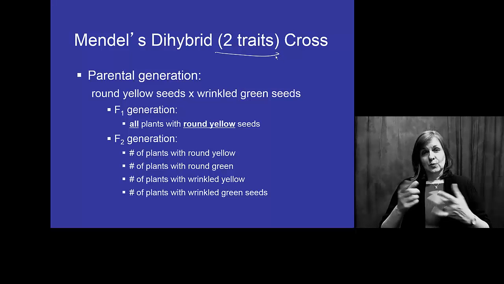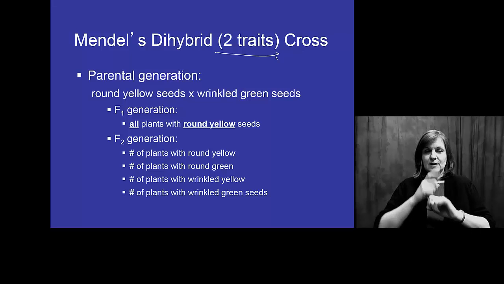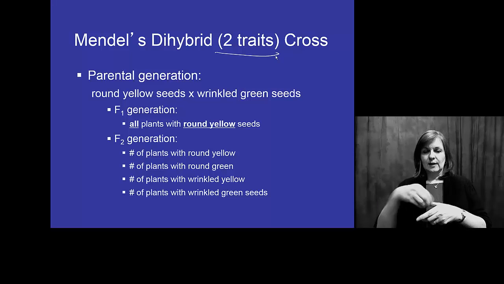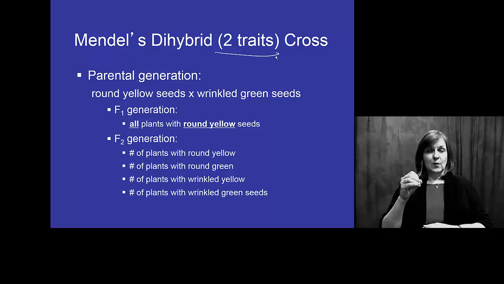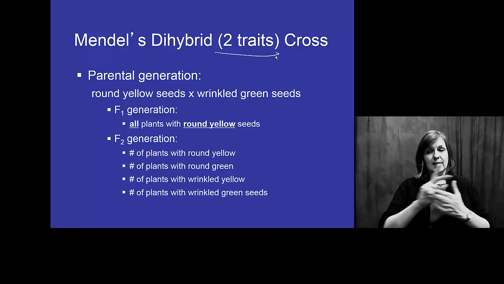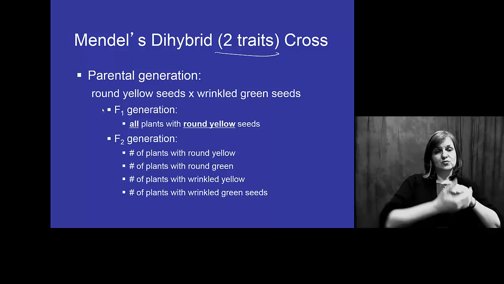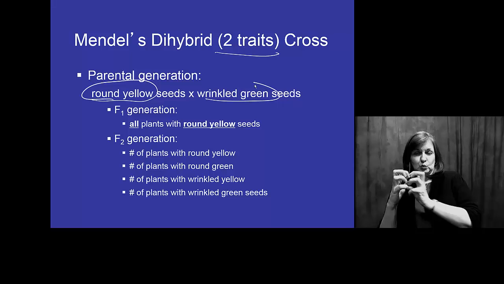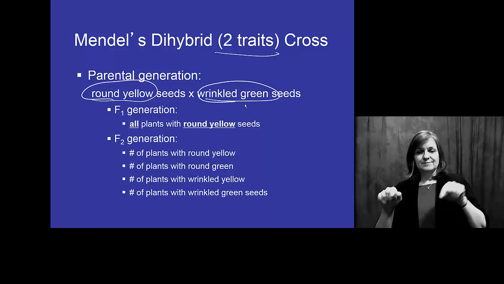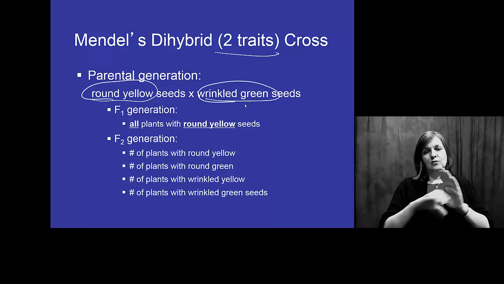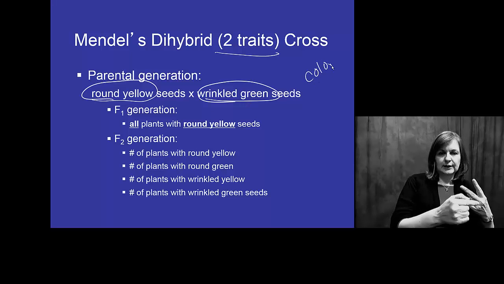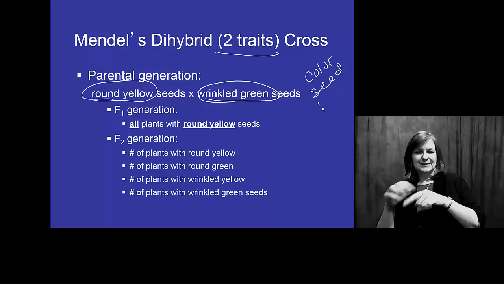And so what Mendel had to do was actually make sure all of his traits that he was interested in were included in the parental generation. So he started with two plants, one with round yellow seeds, one with wrinkled green seeds. So these are all the characteristics possible based on the traits he was looking at, color, and we'll call it seed texture.